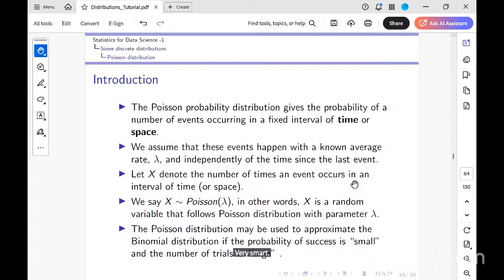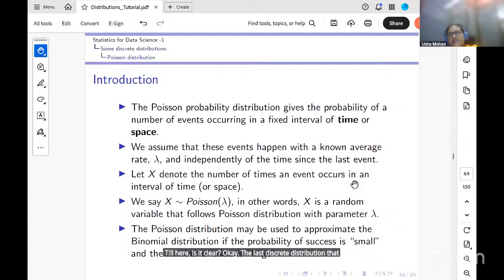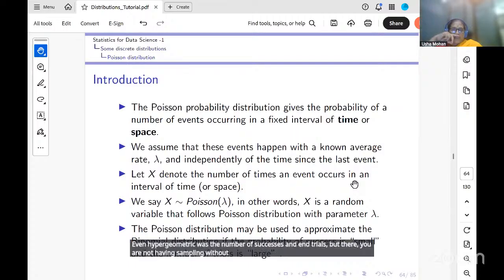The last discrete distribution that we are going to discuss is the Poisson distribution. Remember when I talked about a discrete random variable, I said you're counting the number of something happening. In binomial, it was the number of successes in n trials. Even hypergeometric was the number of successes in n trials, but with sampling without replacement instead of with replacement.